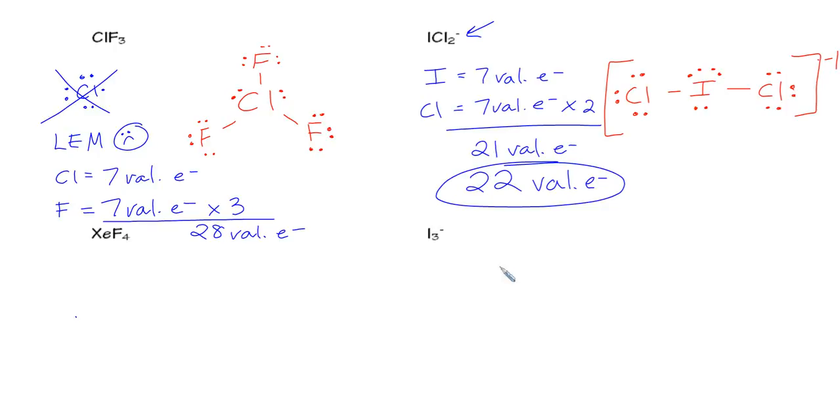You could go iodine, iodine, iodine. And then you could go around and add all the extra dots and give them an octet. And you could say, okay, I got 2, 4, 6, 8. 2, 4, 6. This guy needs 8. And then this guy needs at least 6 more.